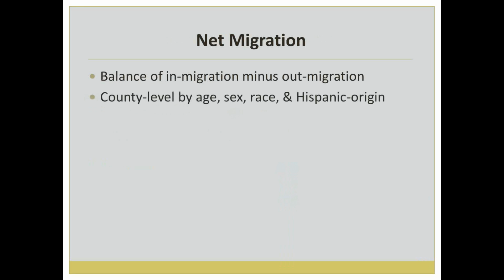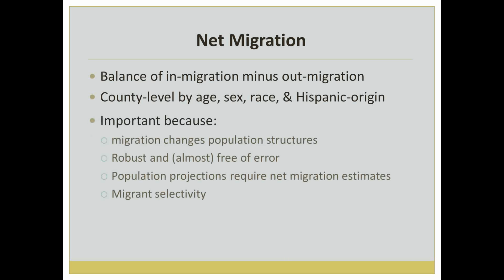What we've done with this data set is to estimate net migration for every county and for every state in the United States by 5-year age group, sex, race, and Hispanic origin, as Mark mentioned. These data are important because they're useful for understanding how migration changes the population structure of different places and communities.